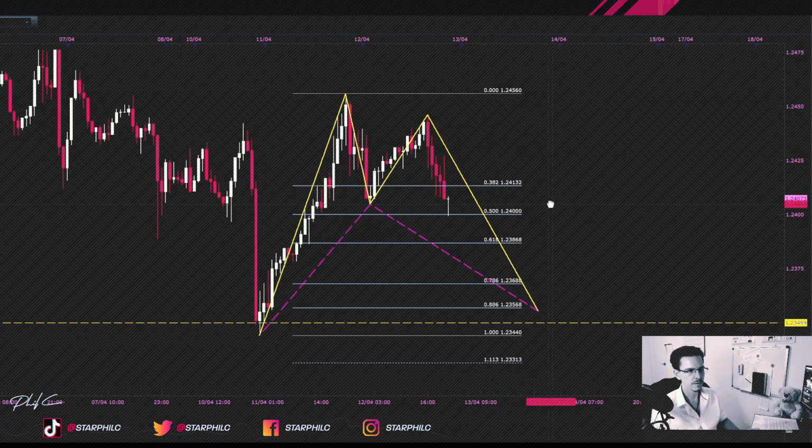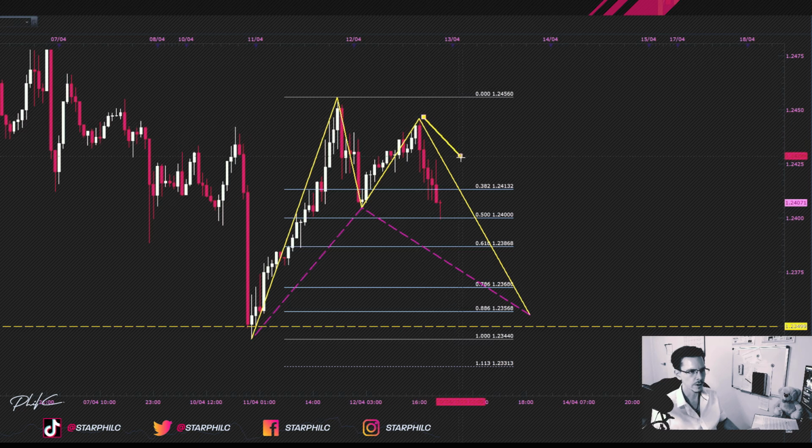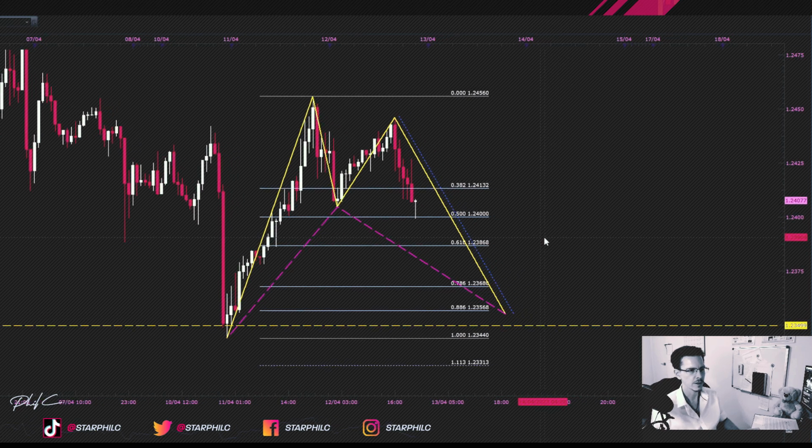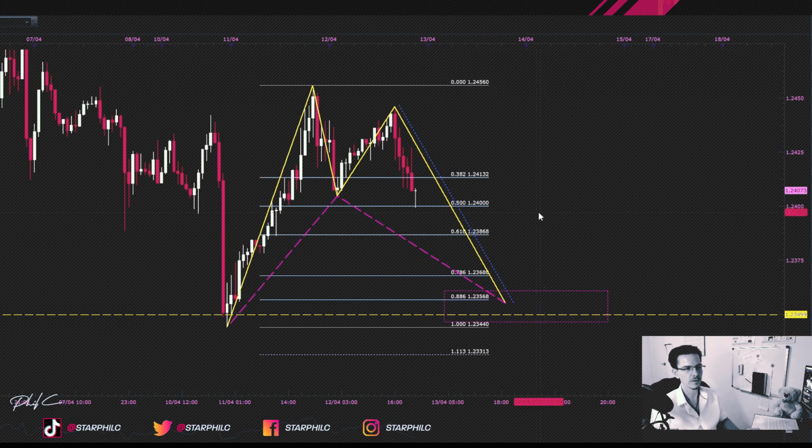If price action moves all the way down into the 886 right here, then we're going to have a valid pattern opportunity. Right now it's a potential pattern opportunity. So if we do get price action moving down into the 886, then we can look for a buy.